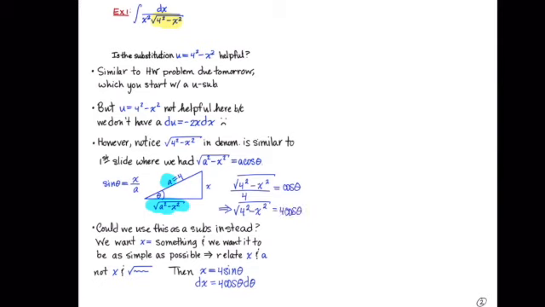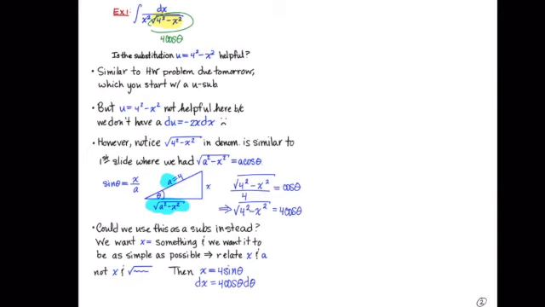So going back to our original integral at the top of the page here, in place of the square root in the denominator, now we can substitute in 4 cosine theta.